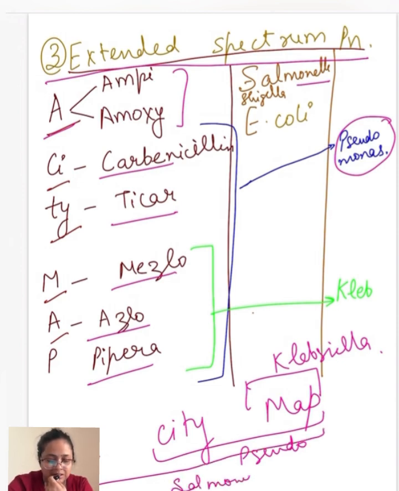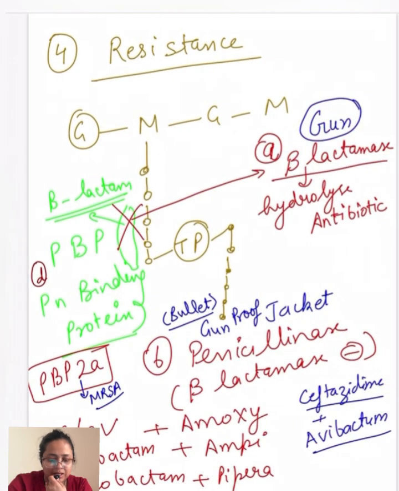Now resistance. Resistance is first: the bacteria get a gun, so they kill the antibiotic by hydrolyzing it, so they have beta lactamases or penicillinases. To overcome that penicillinase, we give bulletproof jackets to the antibiotic, that is penicillinase inhibitor.